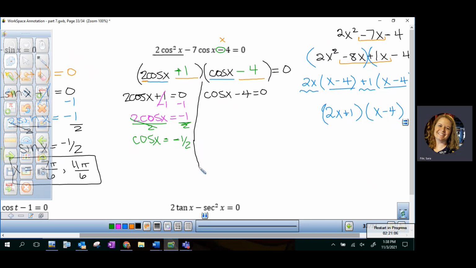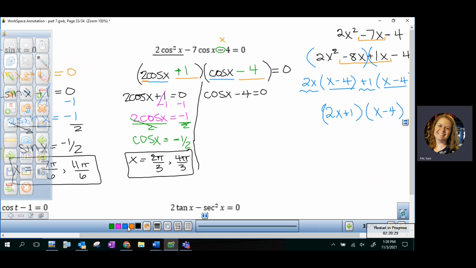Now I'm ready to ask myself, where on the unit circle is cosine negative 1/2? Well, I know cosine is negative in quadrants 2 and 3, and I know it's 1/2 at a pi-thirds reference angle. So in quadrant 2, that's 2 pi-thirds. And in quadrant 3, that is 4 pi-thirds. So 2 answers so far.